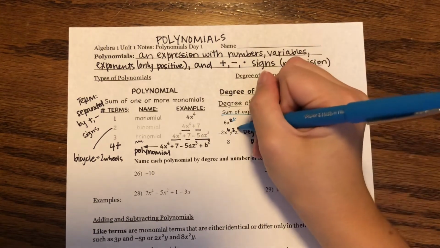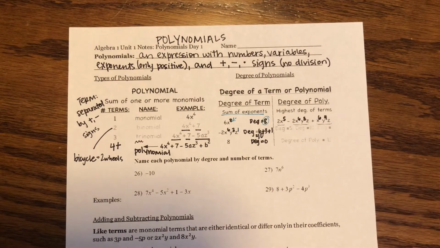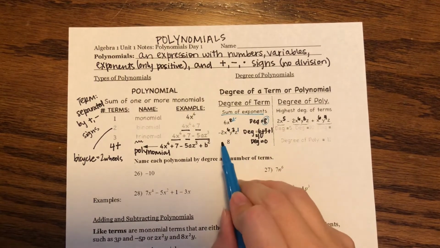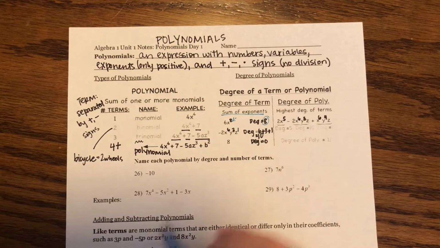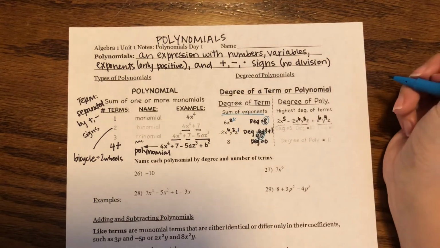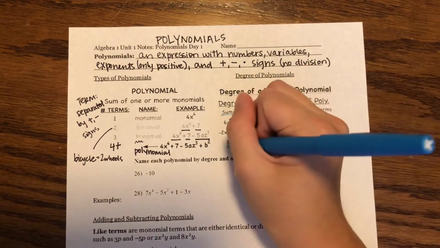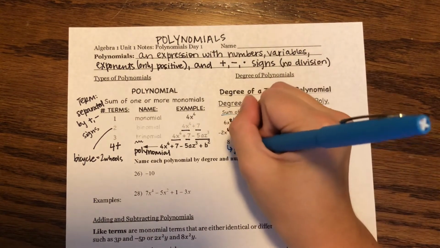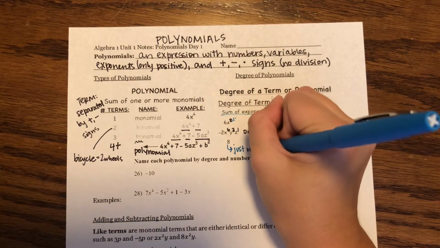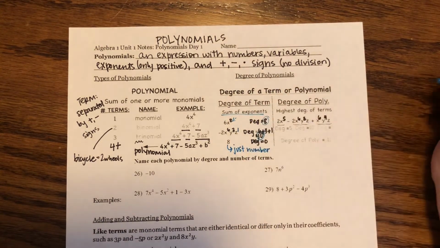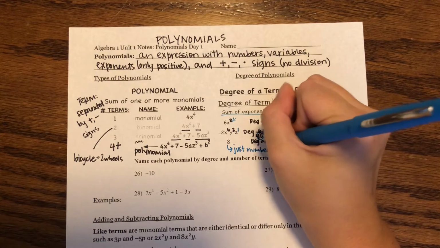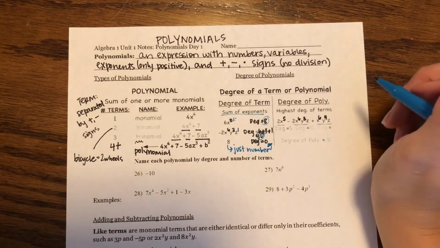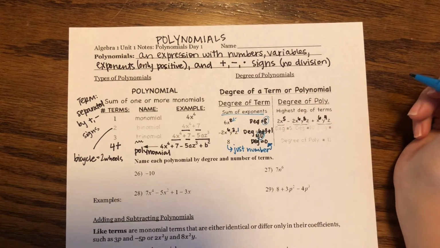Okay, so this z is actually to the power of 1, so we're going to say we have 6 plus 3 plus 1 and a degree of 10 for the second polynomial. If you have just a number, no variable, the degree is 0, okay? That's how it'll always be. The degree always equals 0 if it's just a plain number.